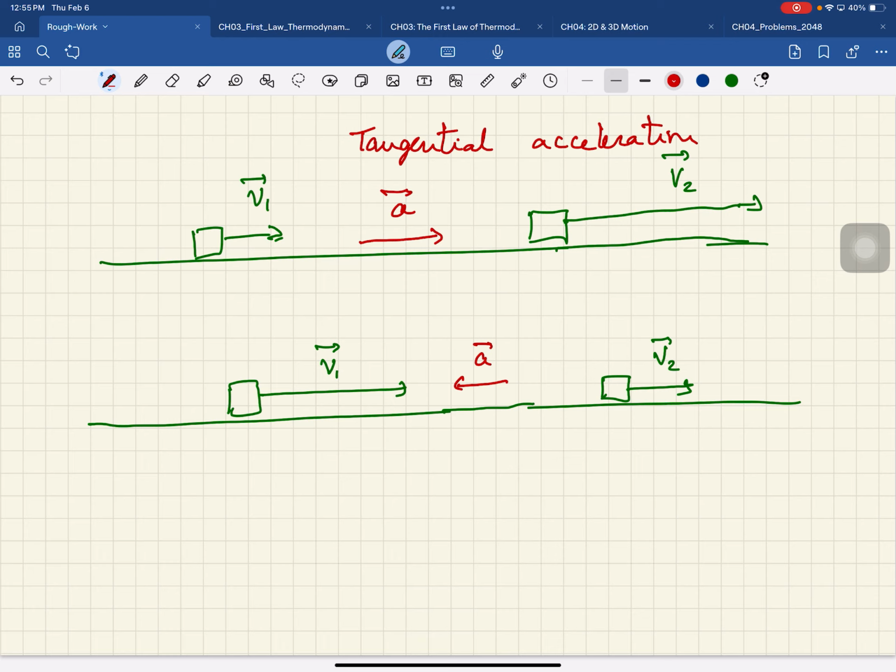So when your speed changes, your acceleration is tangent to the path. All right, so that's example 1, 2, and now we'll do example 3.